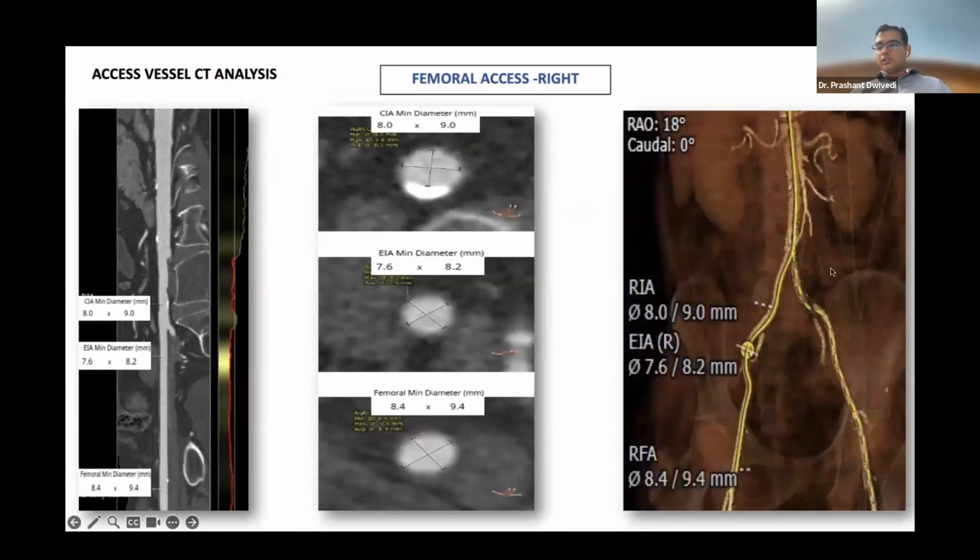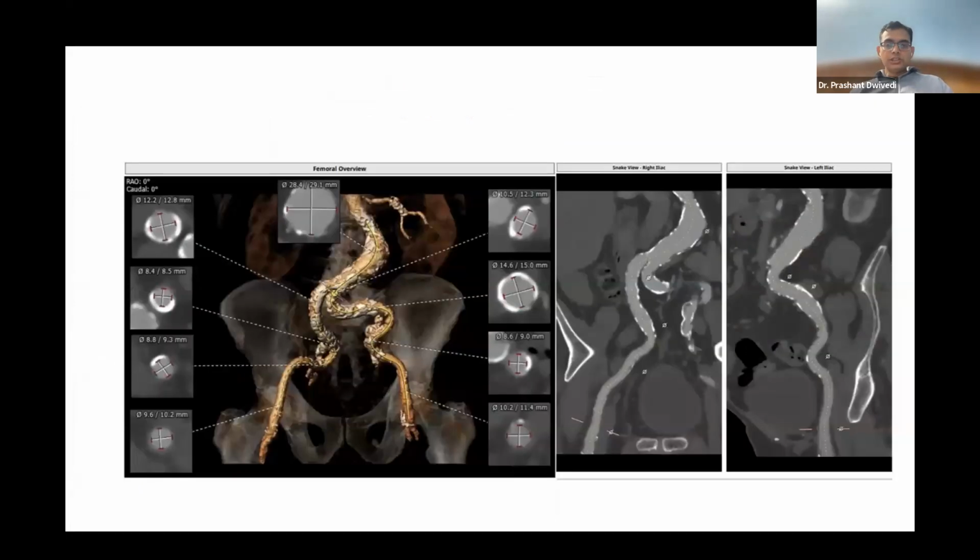This is a simple, very straightforward anatomy where we can see the bifurcation is well below both femoral heads. There are straight vessels, no significant tortuosity, no significant calcium, and the vessel size is almost 8 by 9 millimeters. We need at least 5.5 to 6 millimeter minimum diameter to negotiate the valve, because we need at least a 14 to 16 French sheath during the valve deployment, which requires at least 5.5 to 6 millimeters of vessel diameter.